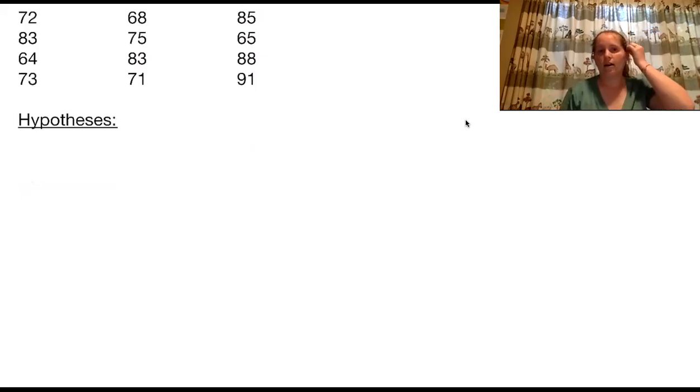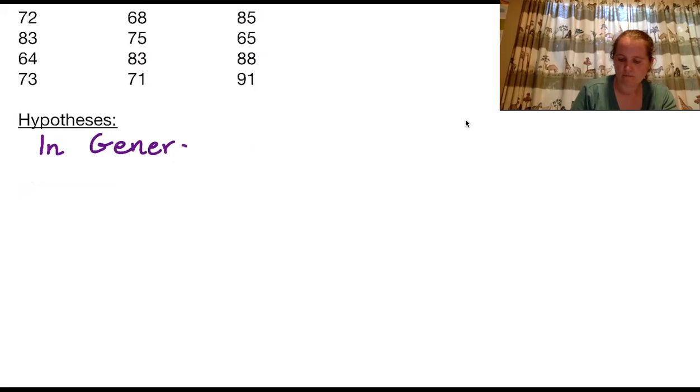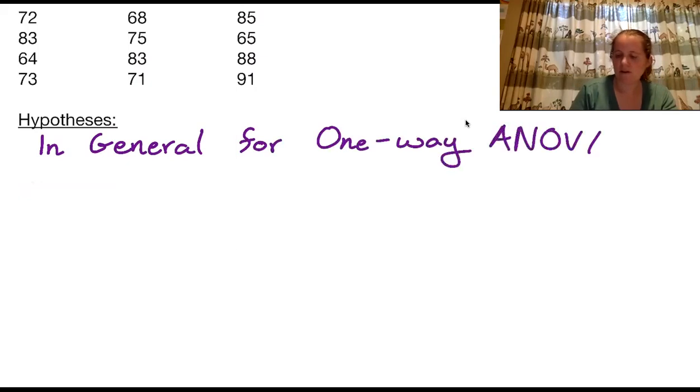So in general, for one-way ANOVA, the null hypothesis is that the means are all the same.